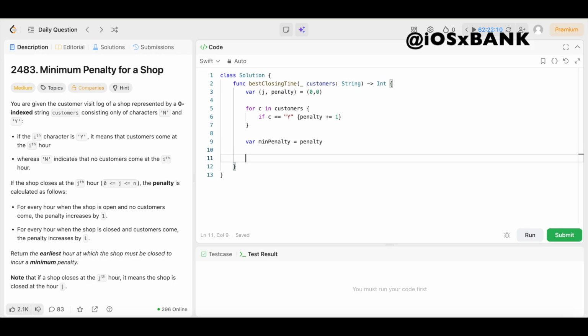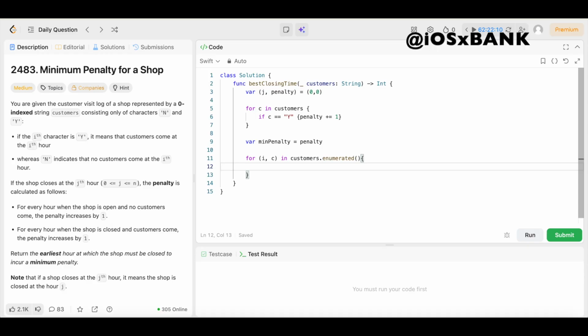Boom, just like that. Now we need to iterate through each hour, considering closing after hour i. So we'll say for open parentheses i, comma, c, in customers.enumerated, open up the brackets. If the customer at hour i is Y, then moving the closing time past this hour avoids a missed customer, so the penalty decreases.